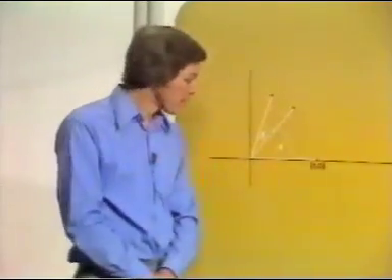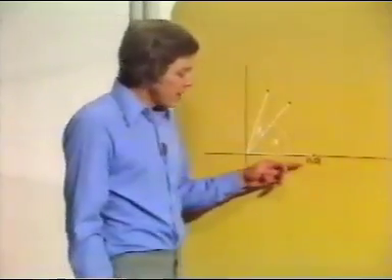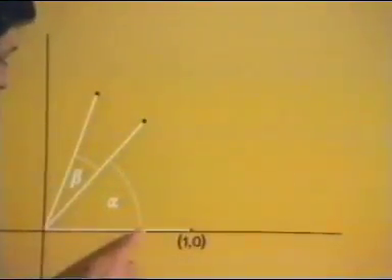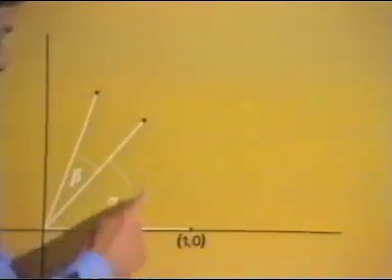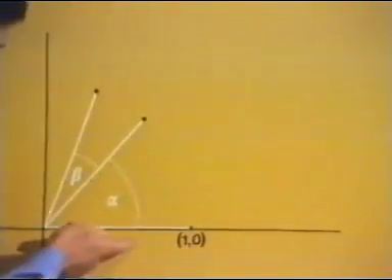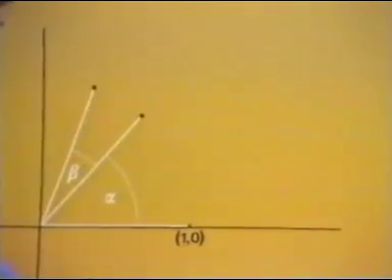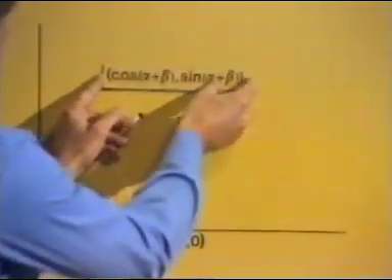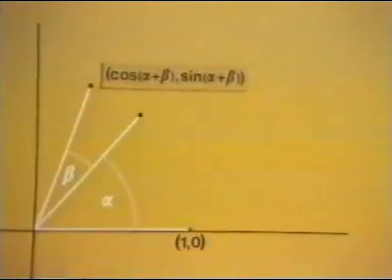Before Bob goes on, let's just remind ourselves what we're after. If we rotate this point through some angle, then its coordinates become cos of that angle, sine of that angle. So if we rotated it through alpha plus beta, then its coordinates would become cos of alpha plus beta, sine of alpha plus beta.